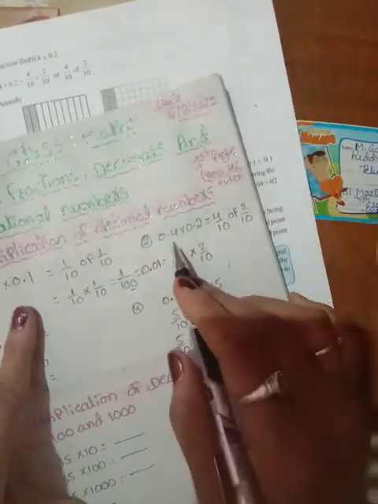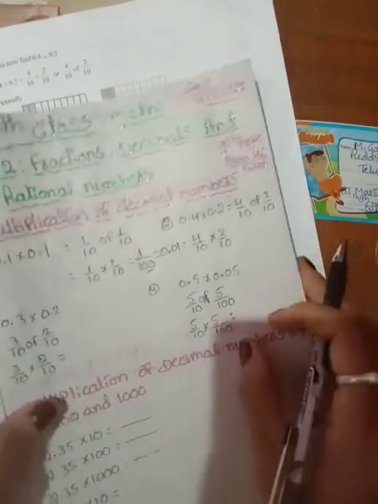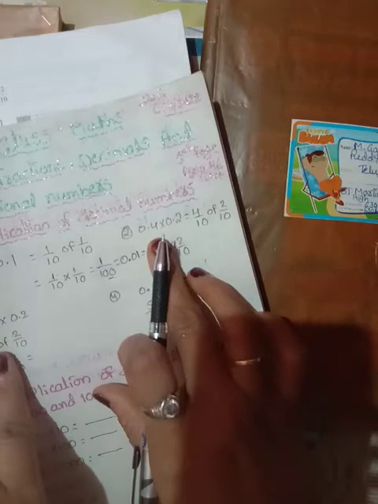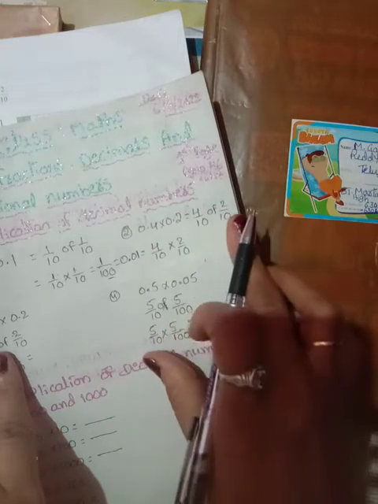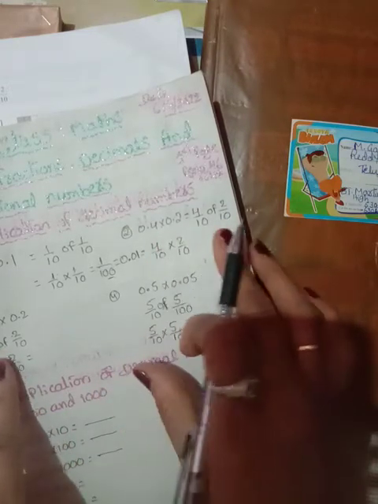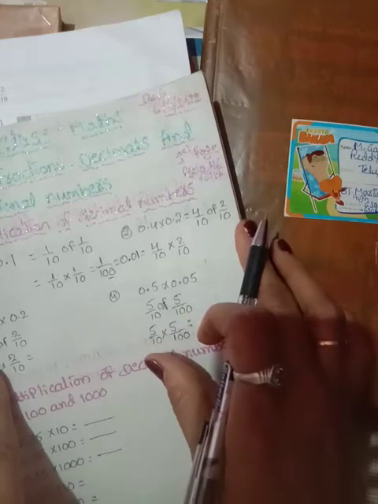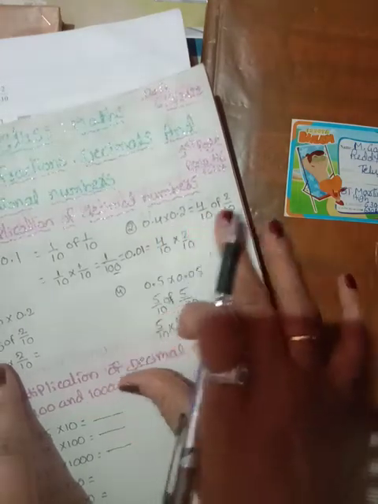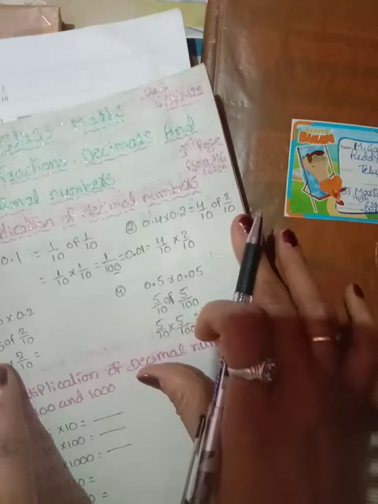0.4 cross multiplication of 0.2. Remove the decimal point: 4 by 10 of 2 by 10. Both are the same; you can write the decimal part in the fractional part.